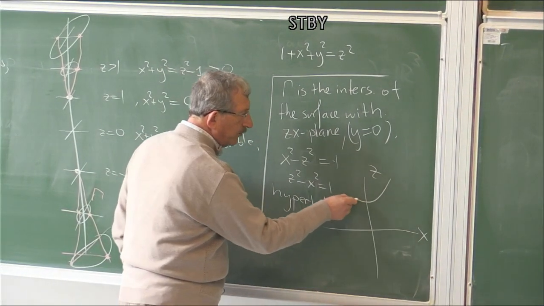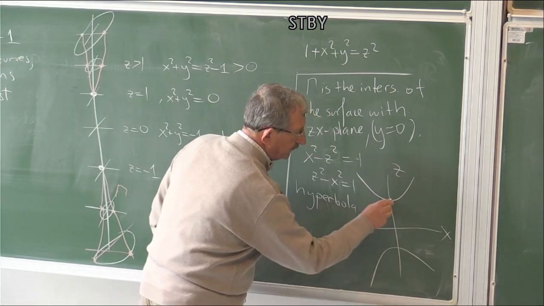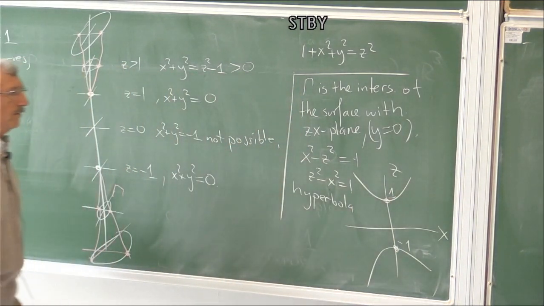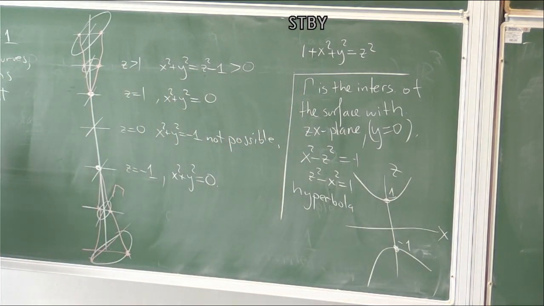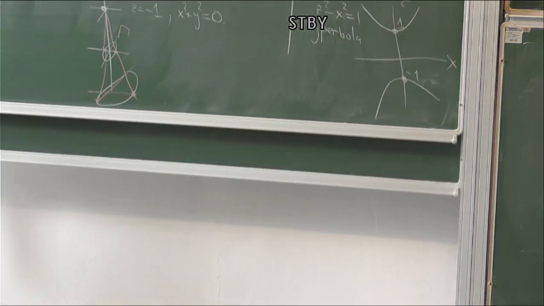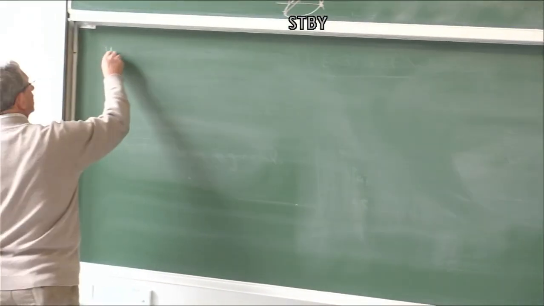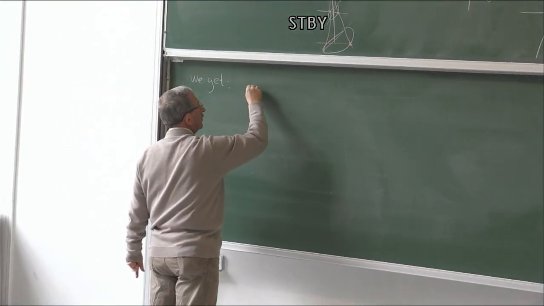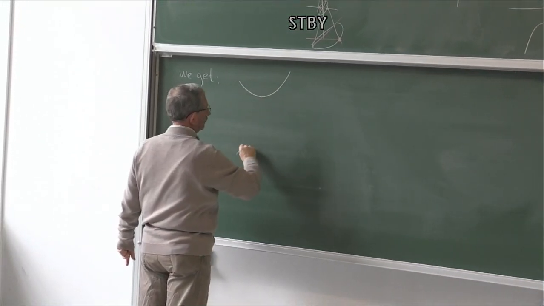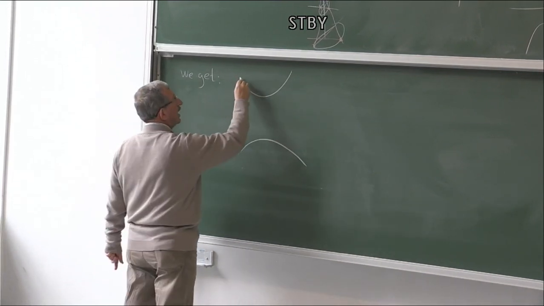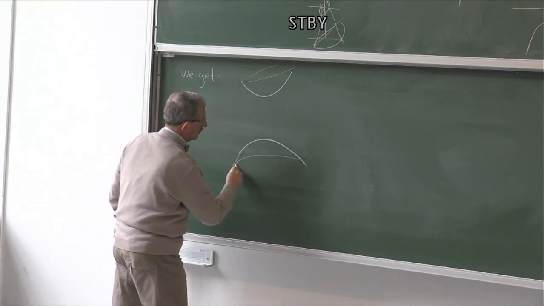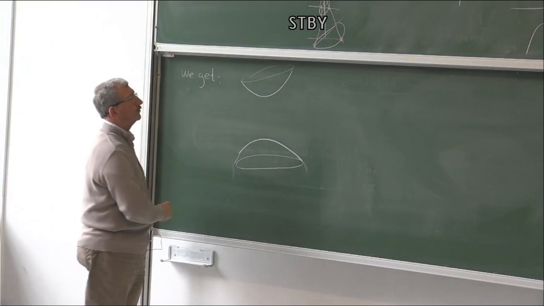Where this time we have this formulation. Putting these points together, at the top we get this hyperbola, at the bottom the other branch, and of course we have circles throughout.